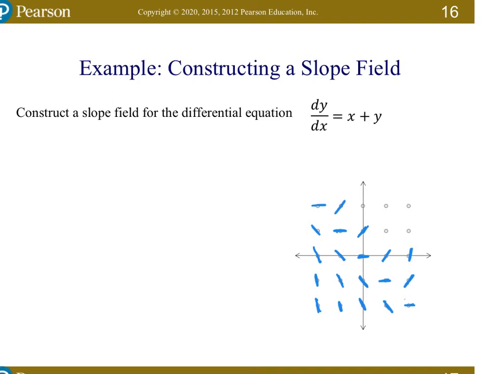I'm trying to get steeper as I go. This line here where I've got all a slope of 1, a slope of 1 is the only place where there's no concavity. It's not concave up, it's not concave down, it's concave neutral.